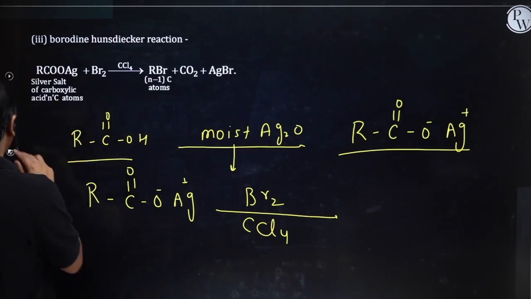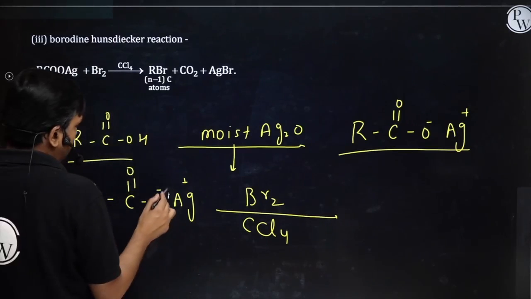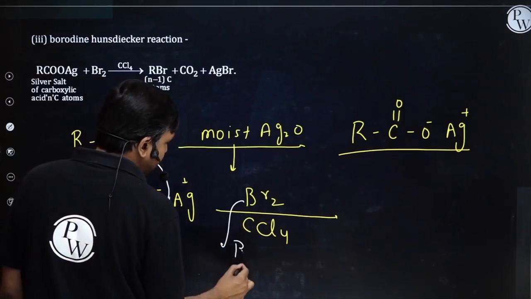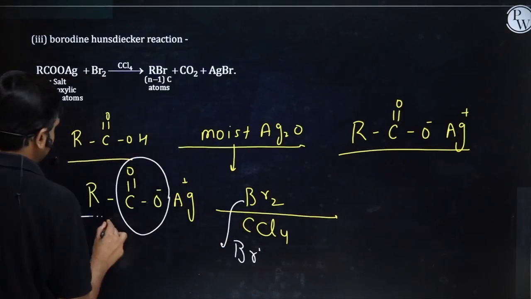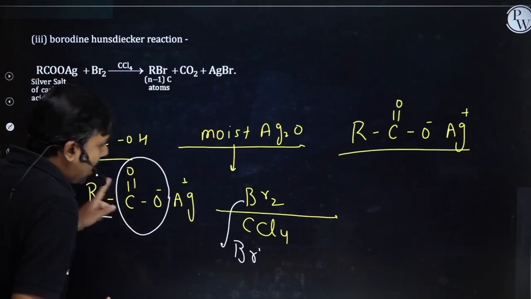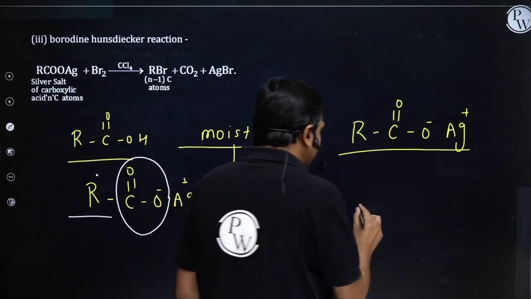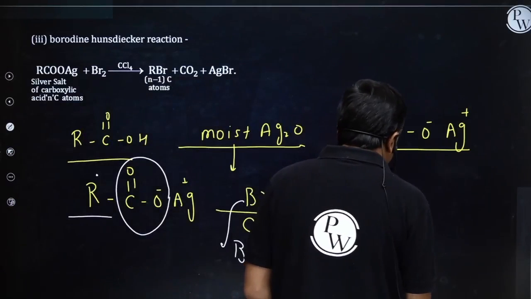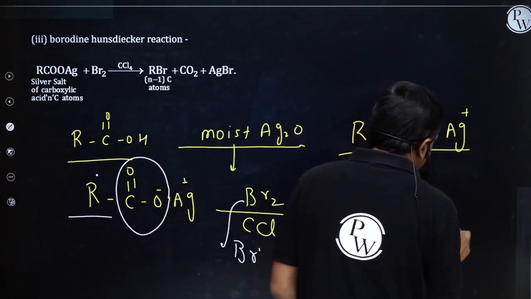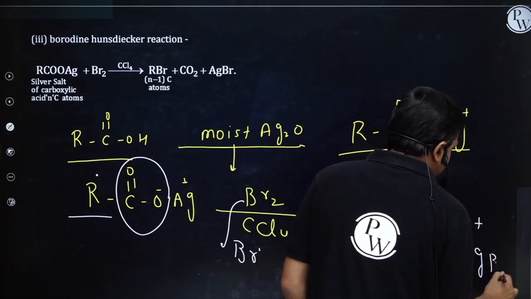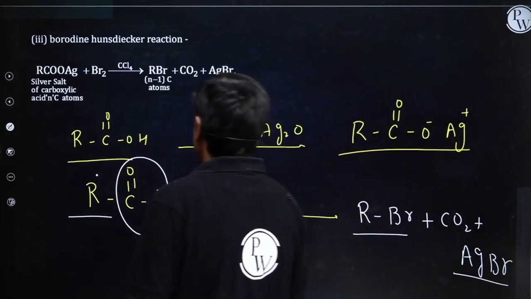Student, here this CO2 will get eliminated. Br2, from here I will generate Br dot. From here I will generate R dot. This R dot and Br dot will do combination reaction and I will have the formation of RBr plus CO2, plus AgBr will get precipitated. Am I clear, student?